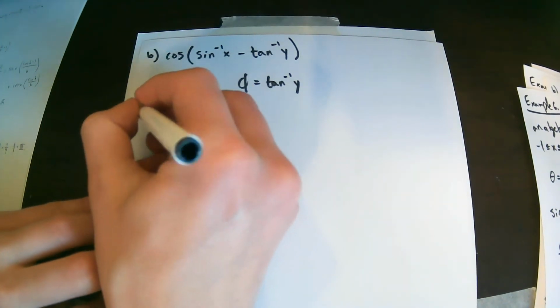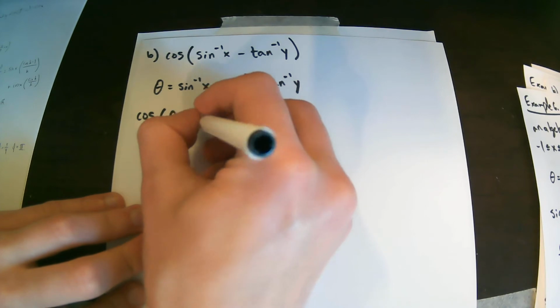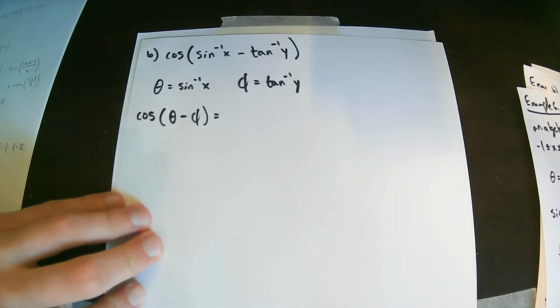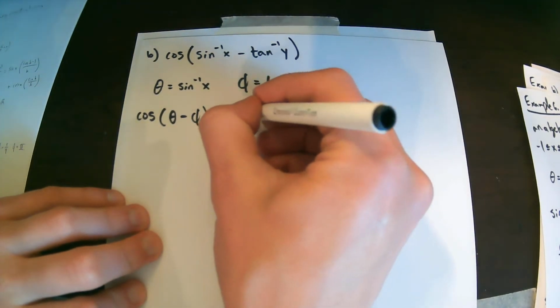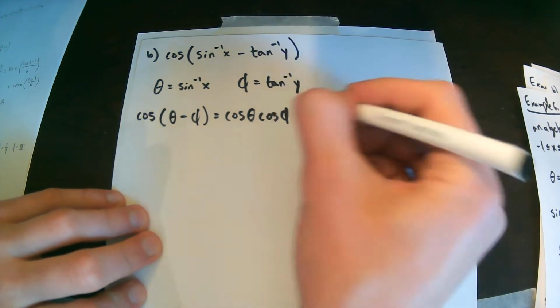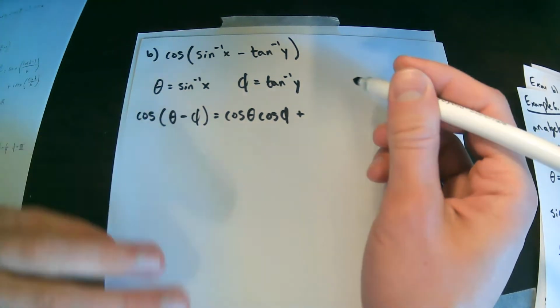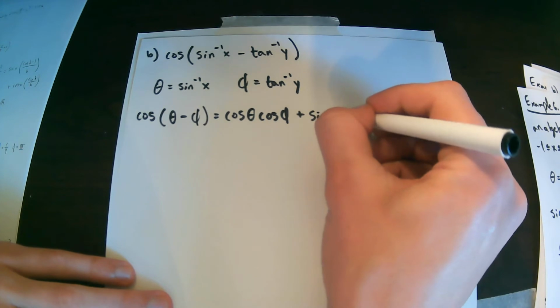There we go. So we've got cosine of theta minus phi, just renaming. And then that's going to be cosine of theta times cosine of phi plus, I'm using my difference identity for cosine now, sine of theta times sine of phi.